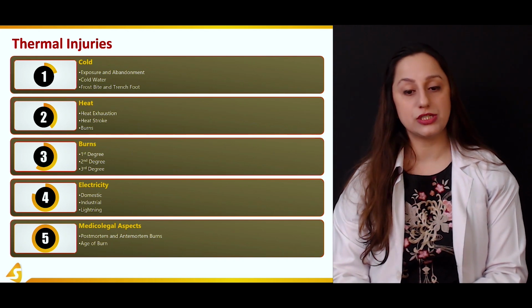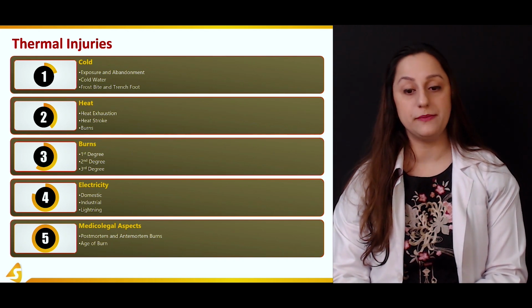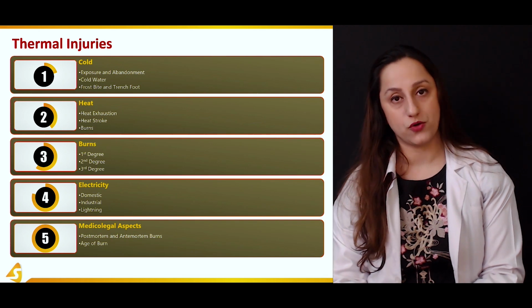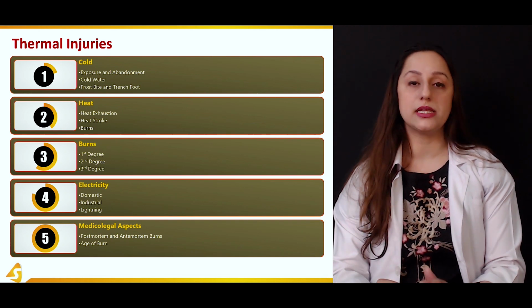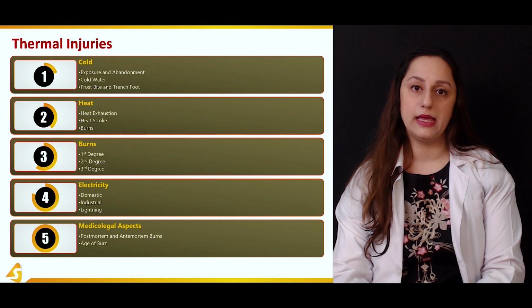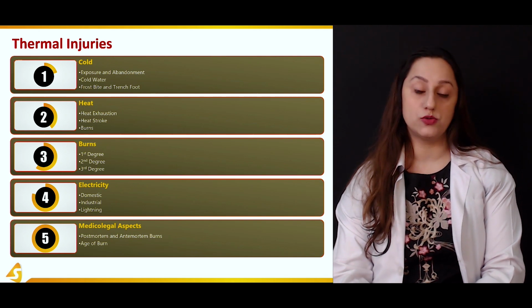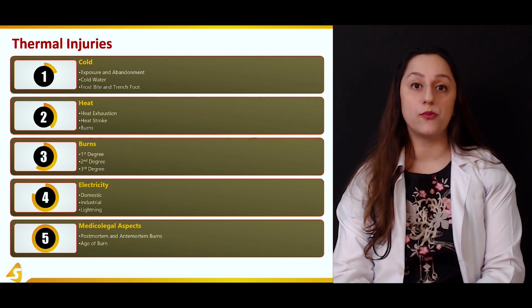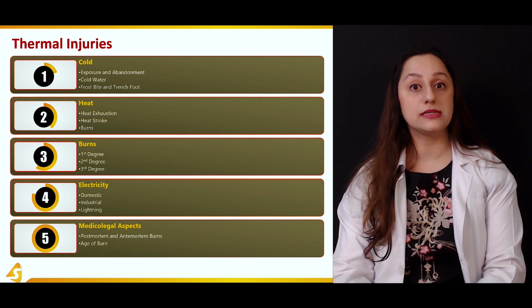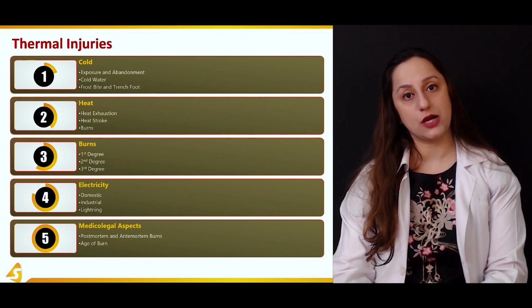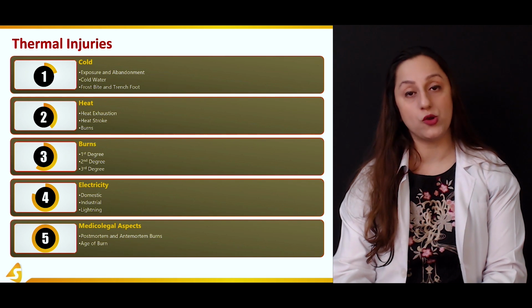In the fifth section, that comprises the medico-legal aspects of burns, of course. Now, as I've already mentioned, while doing a post-mortem, if we come across a body which seems to be burnt apparently, we have to investigate. We just don't have to follow our eyes.